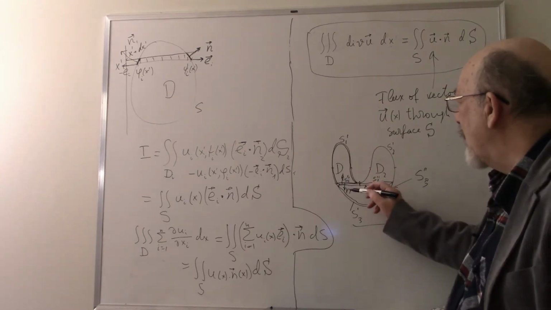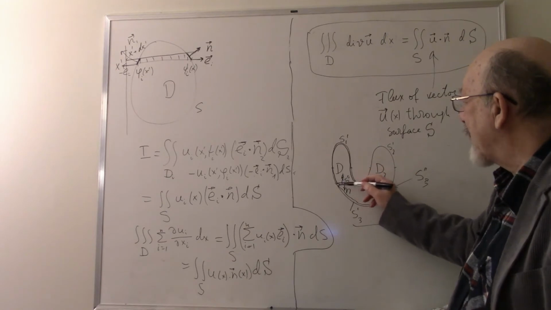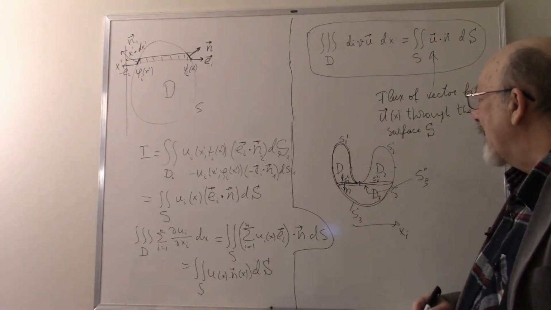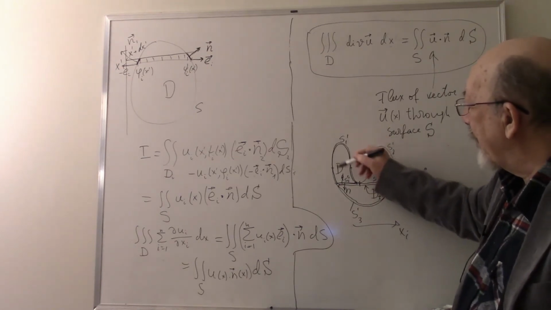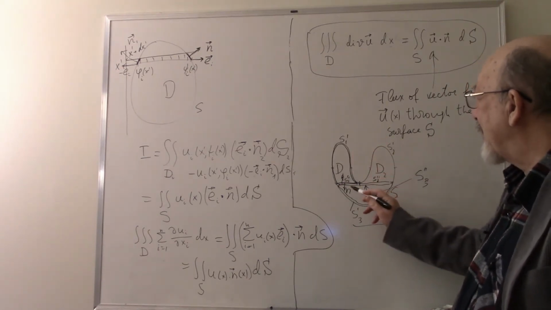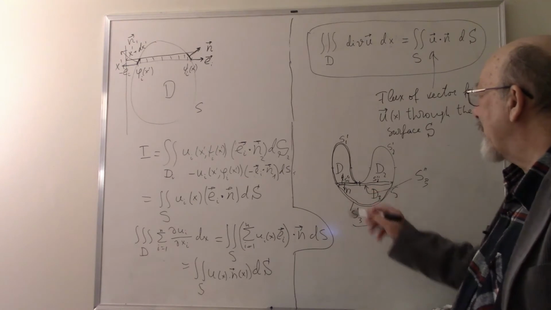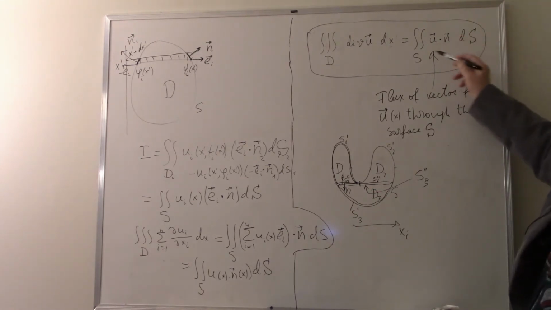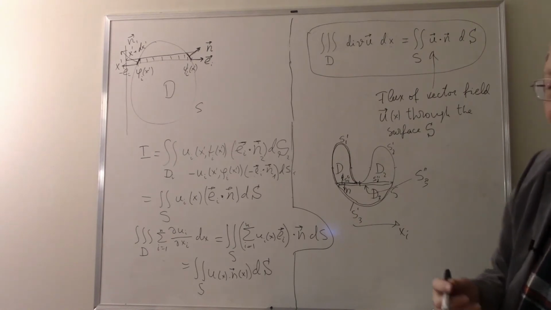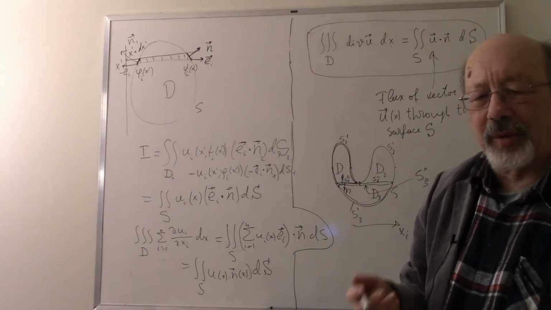This is the normal vector to this piece of boundary which looks outside of D1, and this looks outside of D3. So corresponding pieces of this flux are opposite to one another, so they cancel.